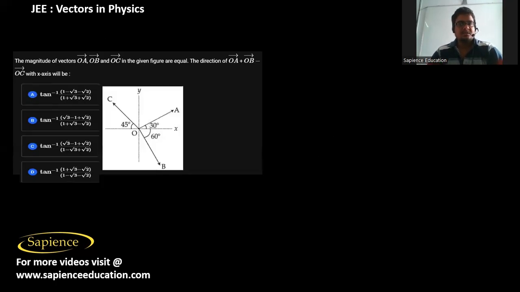Then here it is told that the magnitudes of the vectors OA, OB and OC in the given figure are equal. So the magnitudes of these vectors are equal.